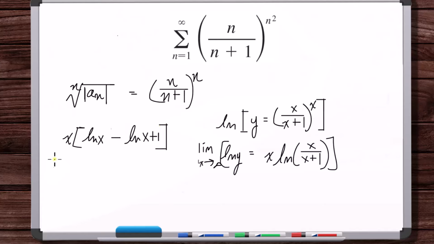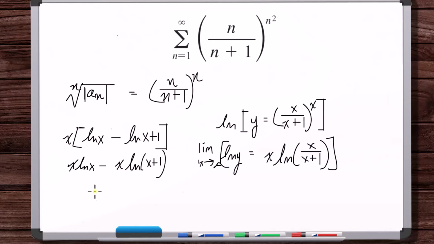So we can do the limit as x approaches infinity of x times natural log of x. That's infinity. Then minus the limit as x approaches infinity of x times natural log of x plus 1. That also approaches infinity. So infinity minus infinity is an indeterminate form again. So we've got a pain in the butt limit here. Indeterminate form infinity minus infinity.